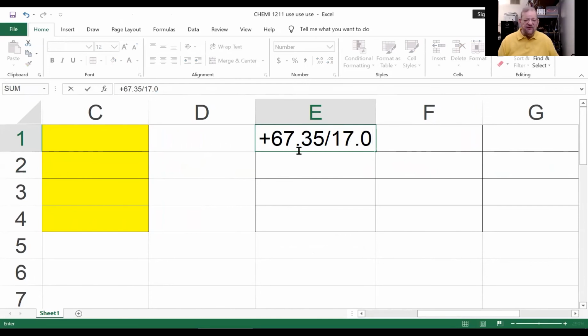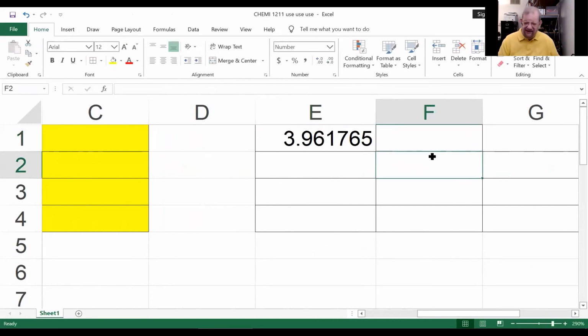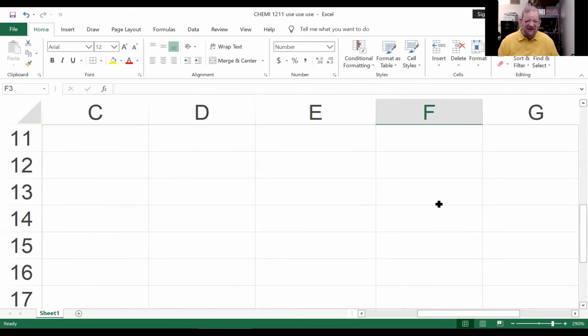And notice the first number is 4 significant figures, the second one is 3. Hit enter. Whoa, that was quick.